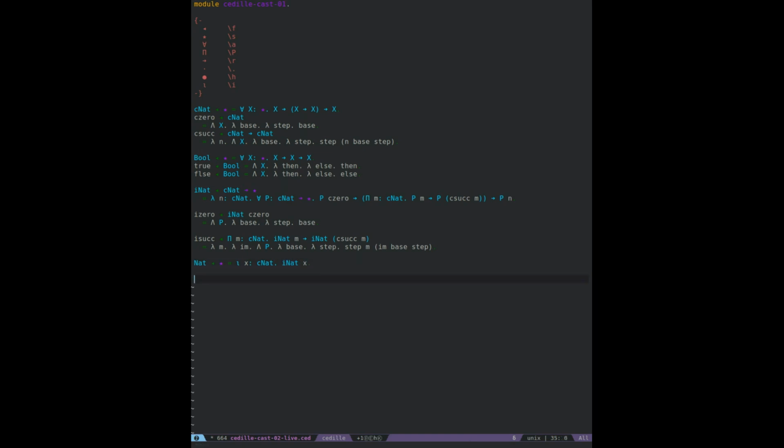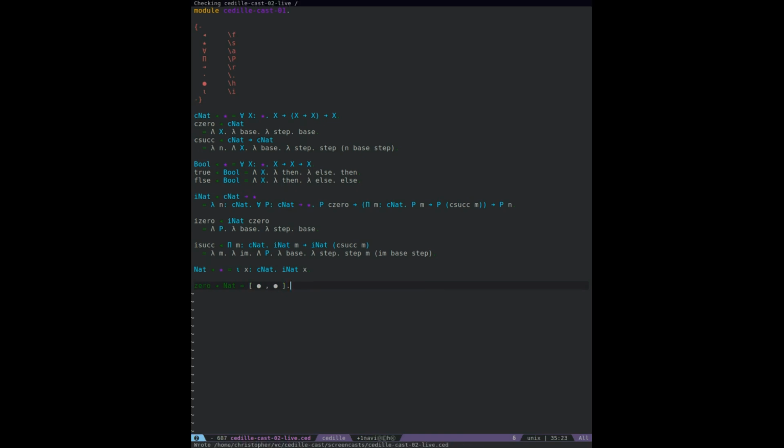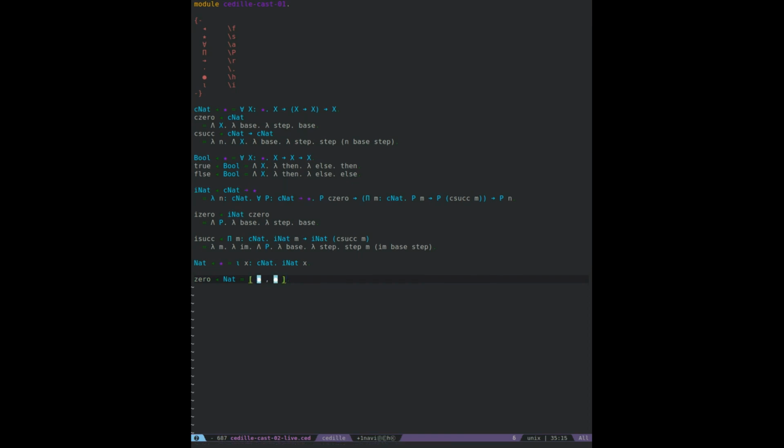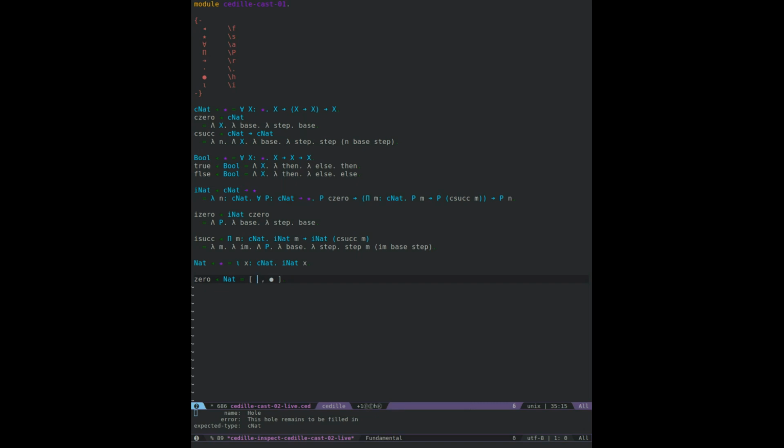We can, again, give some intuition for this by defining the first natural number, 0, has type NAT, and it is equal to, again, we're trying to form a dependent intersection. So we open with square brackets and place two holes for the left-hand side and right-hand side. For the left-hand side, we must inhabit the left-hand side of the intersection, CNAT. We have such a term, C0.